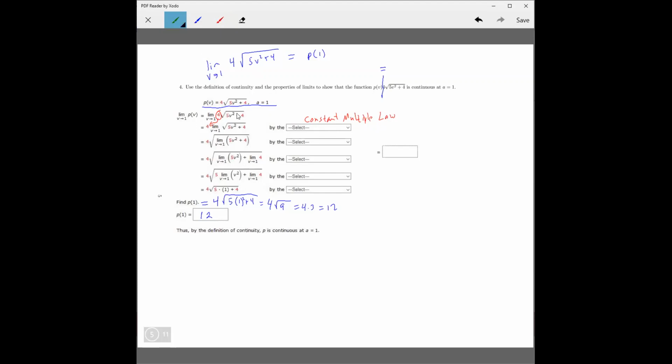Okay, now the next step, let's see, what do we do? This square root, we pulled it all the way out. We pulled this square root outside of the limit. And so that's the root law.